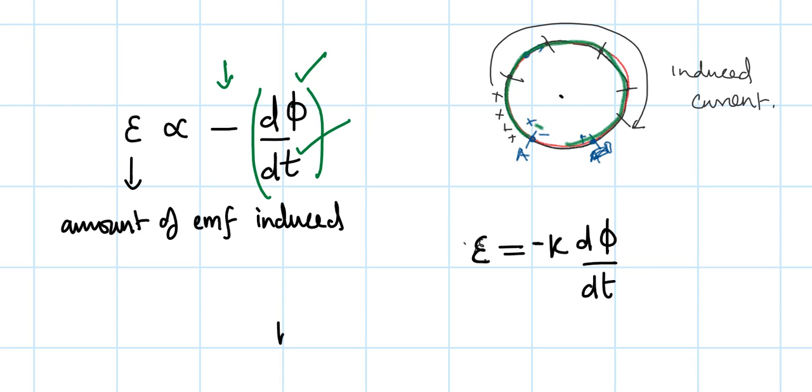But k was, for definitive reasons, assumed to be 1. Thus the units of epsilon and phi are chosen accordingly, giving us the equation epsilon equals minus dφ/dt.